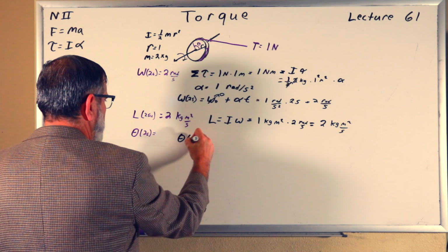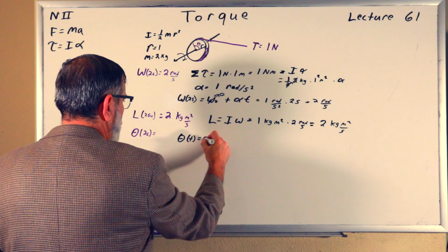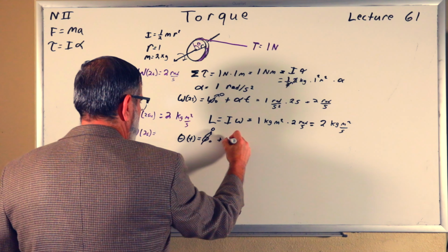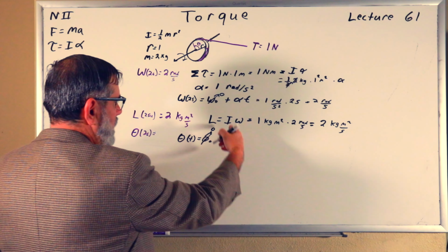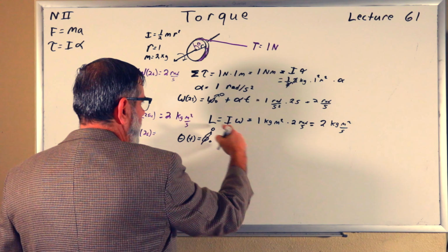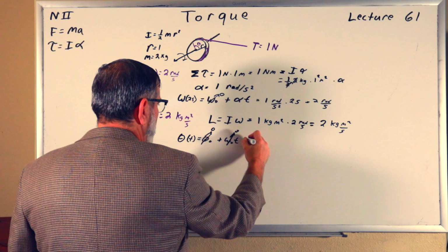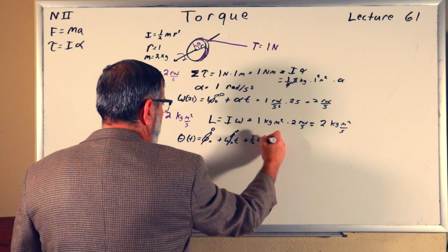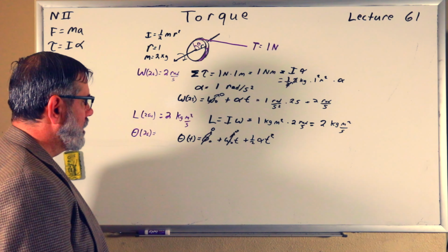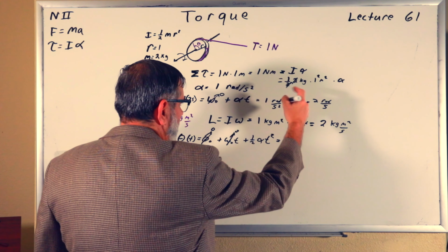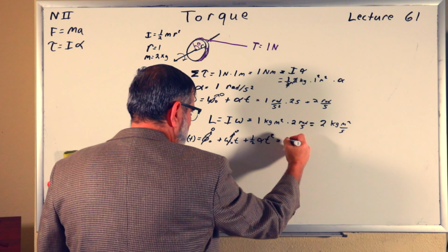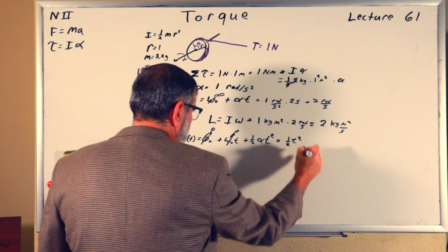We can just use a kinematic equation. So theta of t will be equal to theta naught, which we'll let be 0, plus omega naught times t, but we already said omega naught was 0, so that's 0, plus 1/2 alpha t squared. We already have alpha, that's 1 radian per second squared, so that's equal to 1/2 t squared.